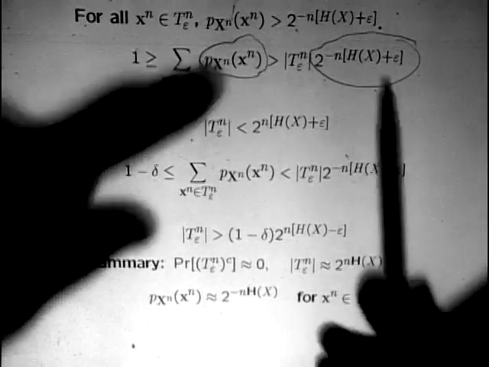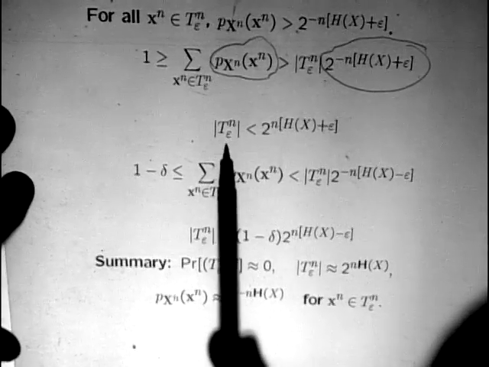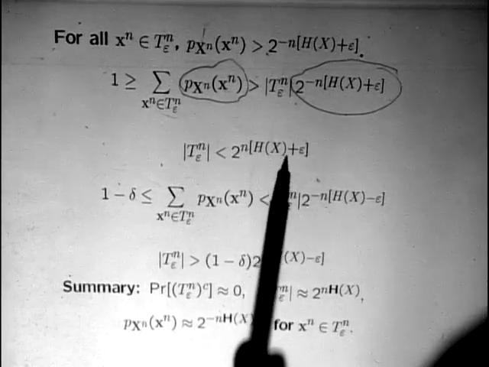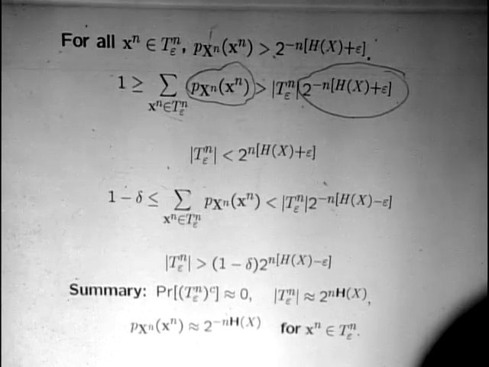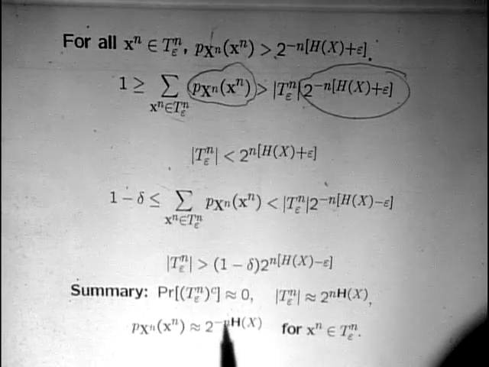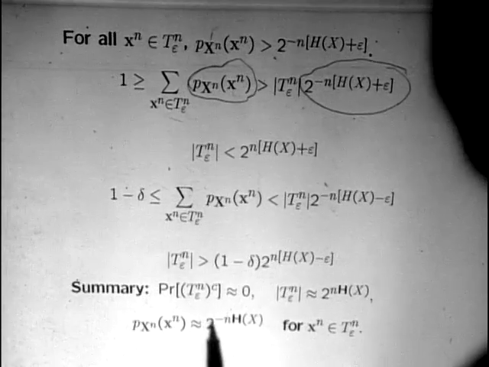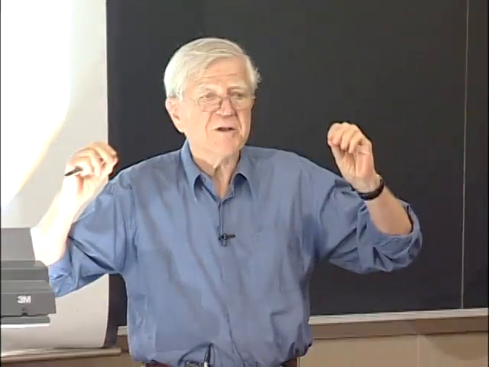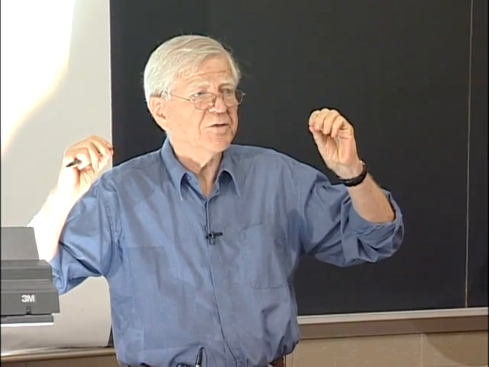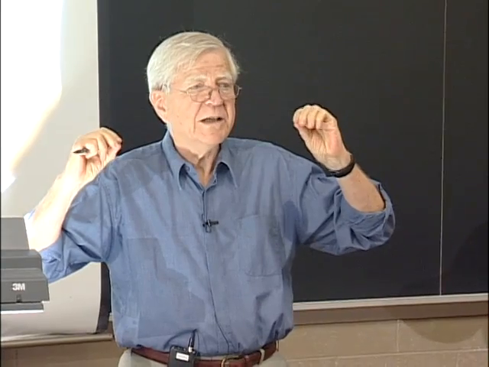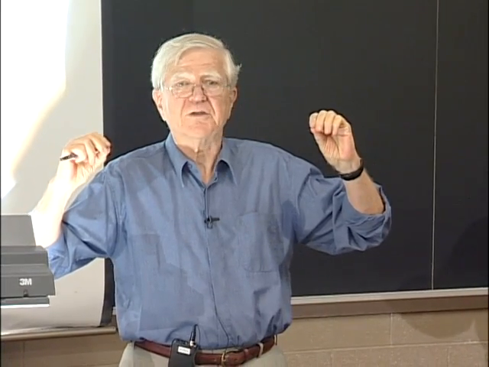If I turn this around, it says that the number of elements in the typical set is less than 2 to the n times h of x plus epsilon, for any epsilon, no matter how small I want to make it. Which says that the elements in the typical set have probabilities which are about 2 to the minus n times h of x, and the number of them is approximately 2 to the n times h of x.